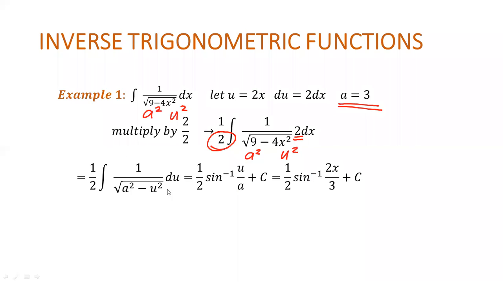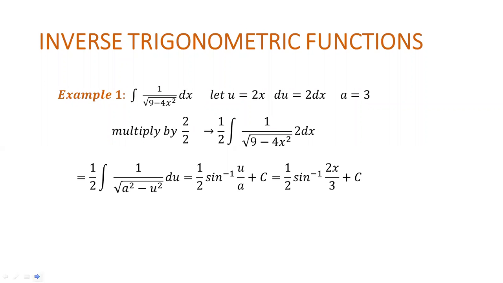So then what we have here is correct. There's no need for us to write a 1/3 to be multiplied to 1/2 because we're dealing with the arcsine. If it's an arctangent or an arcsecant, there's a need for us to multiply by 1 over a. In this case, that would be 1/3. Okay? So that's it. This one is an example of an integral yielding an inverse trigonometric function.